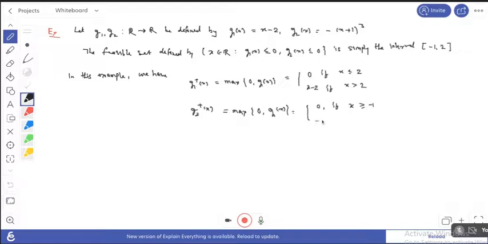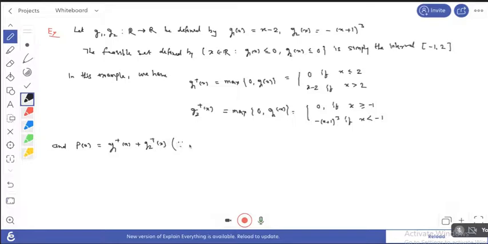In that sense, this value is (x plus 1) cubed when x is less than minus 1. So this is your g1 plus and g2 plus. So what is the penalty function? The penalty function is g1 plus and the summation of g2 plus of x.